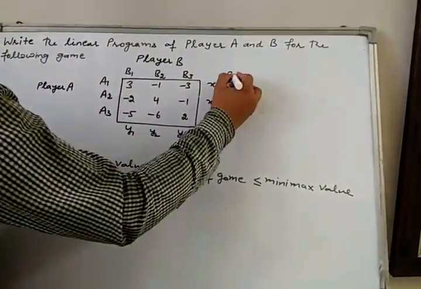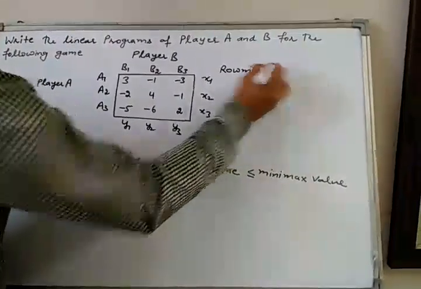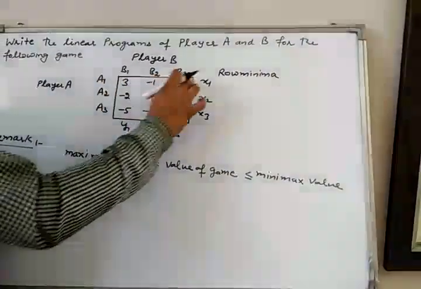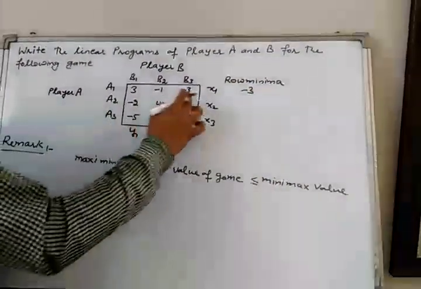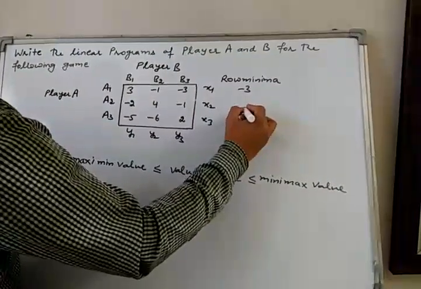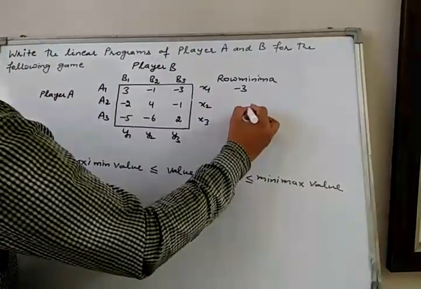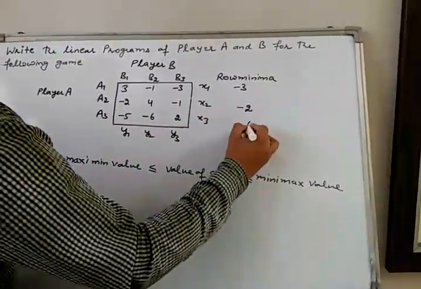First we find the row minima. The minimum value corresponding to this row is minus 3. Then corresponding to this row is minus 2. Then corresponding to this row is minus 6.